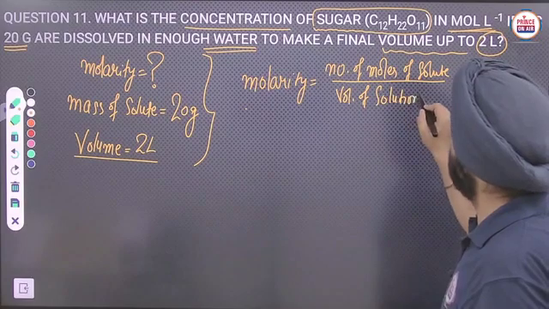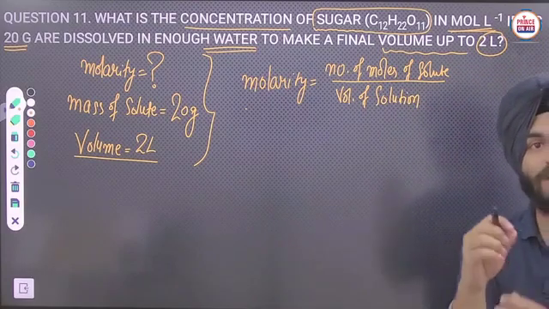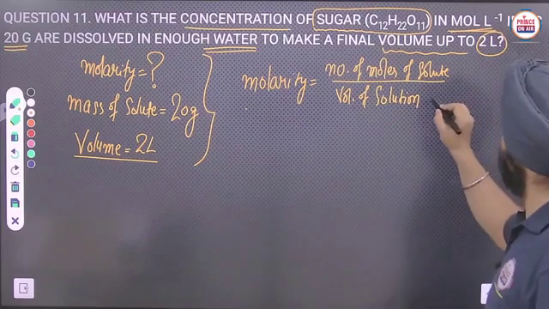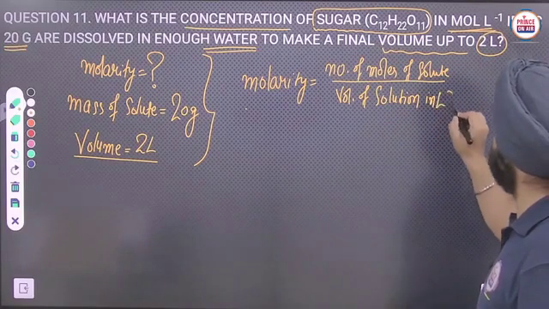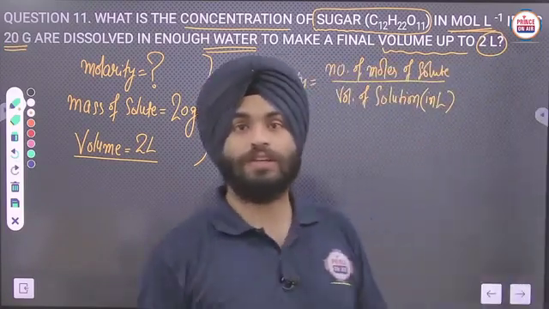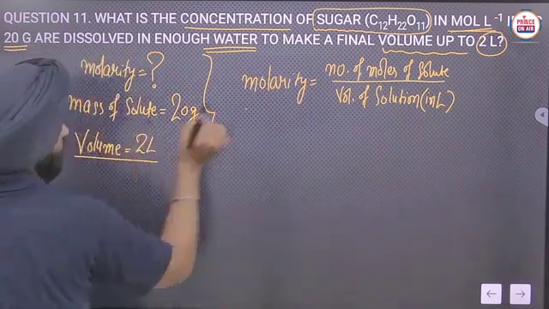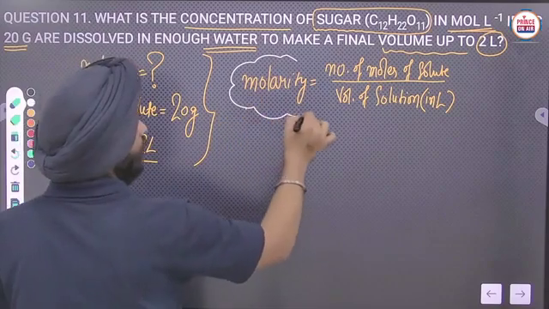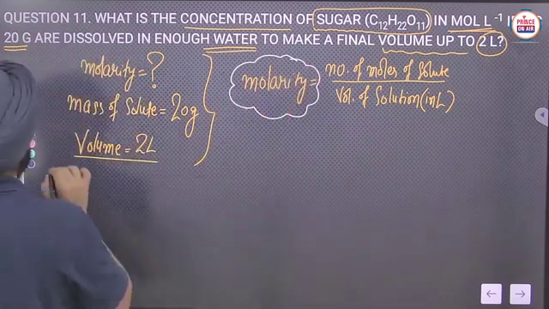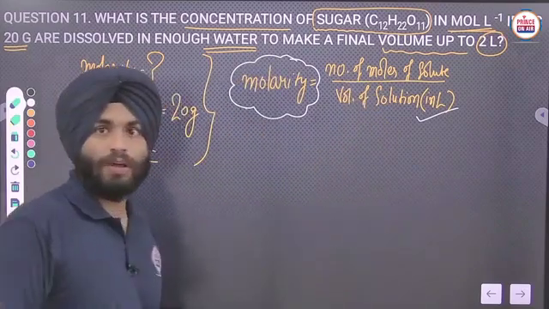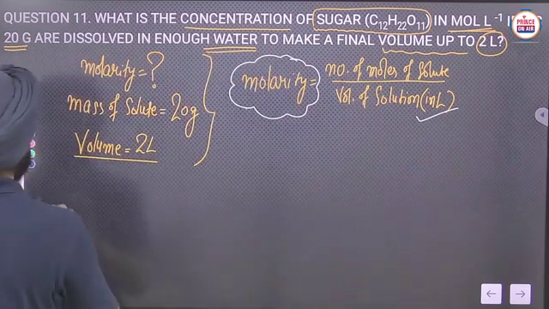Means volume of solution in liter. This is the formula here, and molarity is what we have to calculate. Volume we are having, and the number of moles we have to calculate first. So how can we calculate the number of moles here?